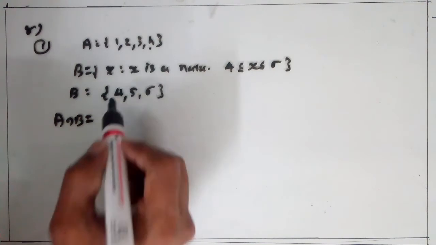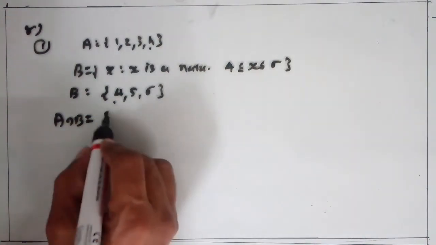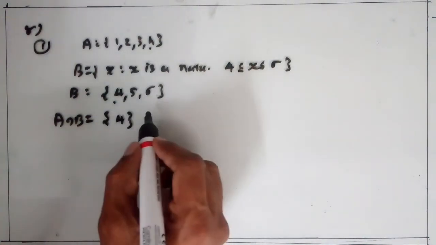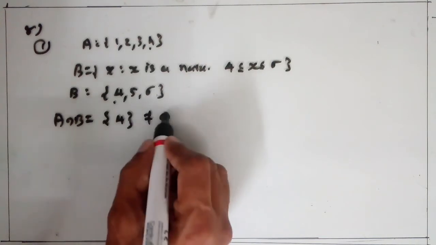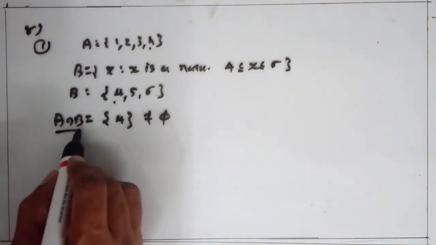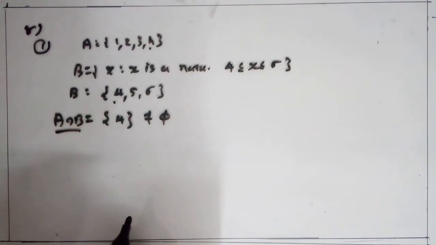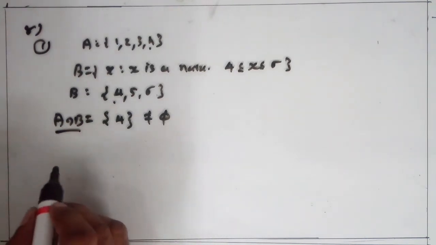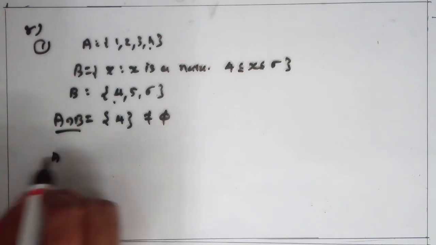Yes, 4. 4 is common in both. So {4}. This is a singleton set, not equal to the null set. Clear? So A and B are not disjoint sets.